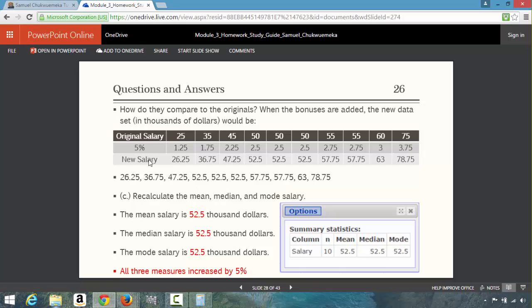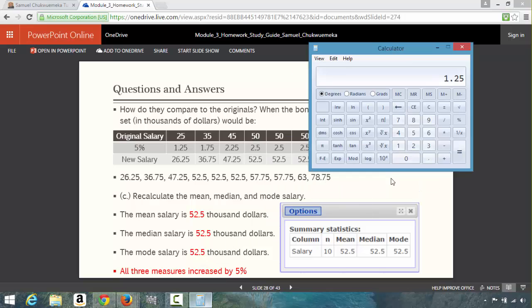You have a new data set if he decides to give everybody 5%, because this will be 1250. So 25,000 plus 1250 will give you 26,250. If you divide it by 1,000, you get 26.25, which means 26,250.